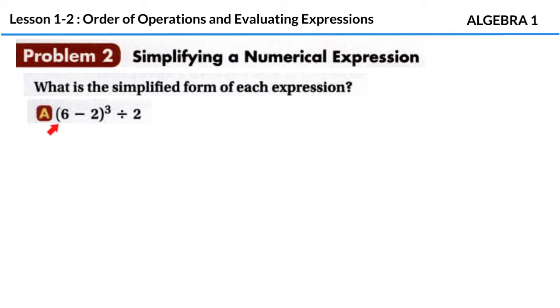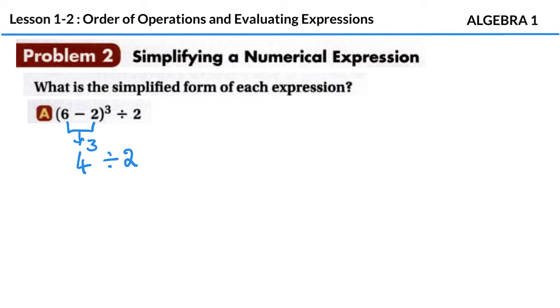We will enter the brackets and perform the operation that is inside the bracket. So we enter the bracket and perform this first. 6 minus 2 gives us 4. Everything else remains the same, to the power 3 divided by 2.